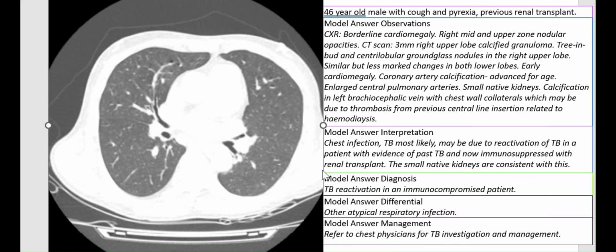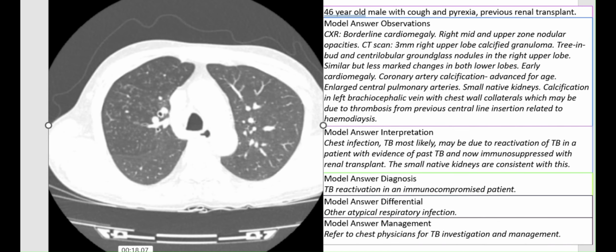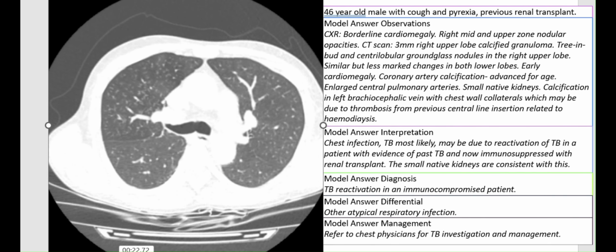So the interpretation here: this patient has a chest infection, mostly TB, mostly reactivation of TB, as the patient here is immunosuppressed with the renal transplant.